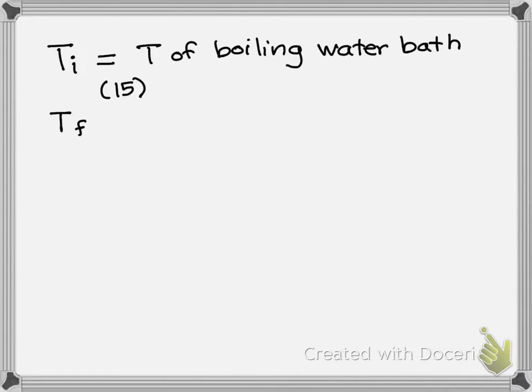The final temperature of the air in Kelvin is going to equal the temperature of the ice water. Now you might think, well, why? We're measuring water, that's not air. But remember, we set our chamber into that water, and so the air inside the chamber became the same temperature.